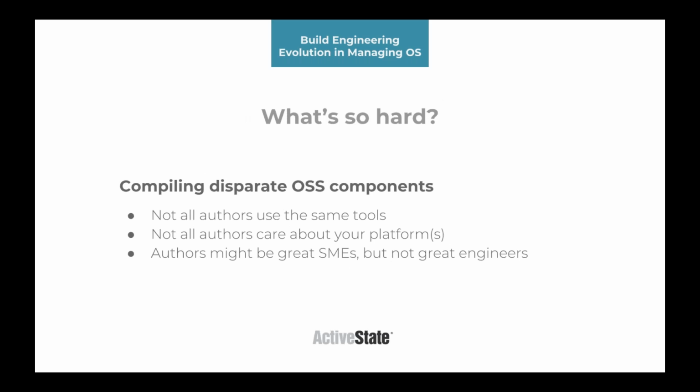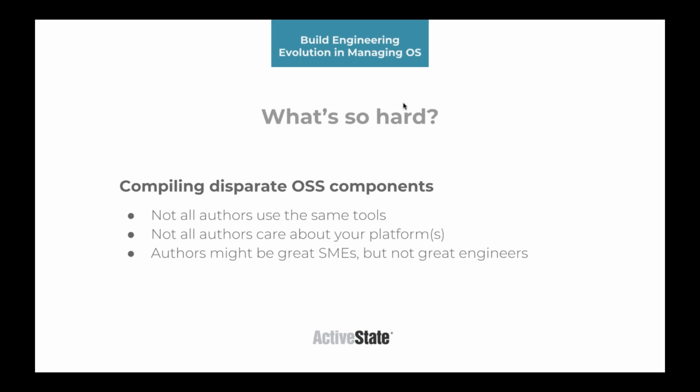So what's so hard about build engineering? Well, you've got a whole bunch of different components that you might want to pull in, and they're not going to come all from the same place. You've got to end up compiling and packaging a whole bunch of different things from different authors in different ecosystems. And when you're looking at open source components, not every author uses the same build tools. Not every author really cares about your platform.